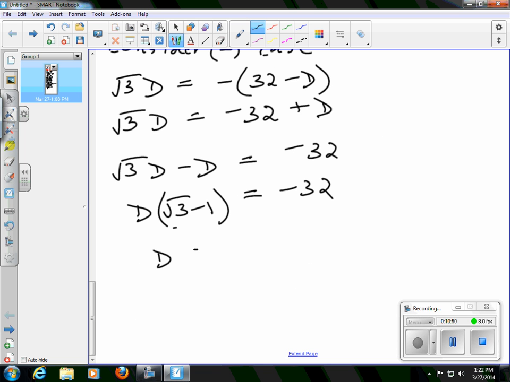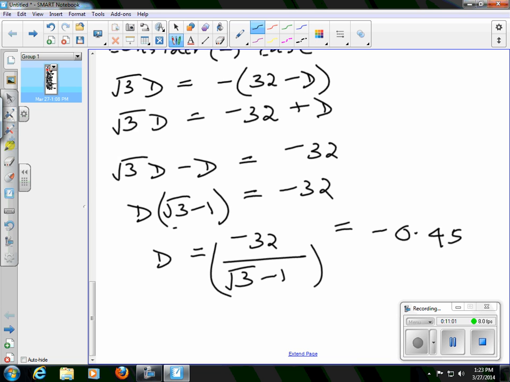So d is equal to negative 32 over square root 3 minus 1. This will give you a negative answer, which is negative 45 centimeters. We are in centimeters.